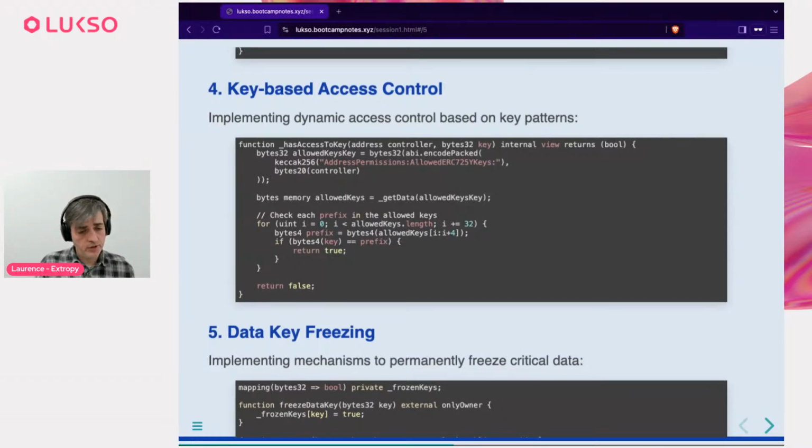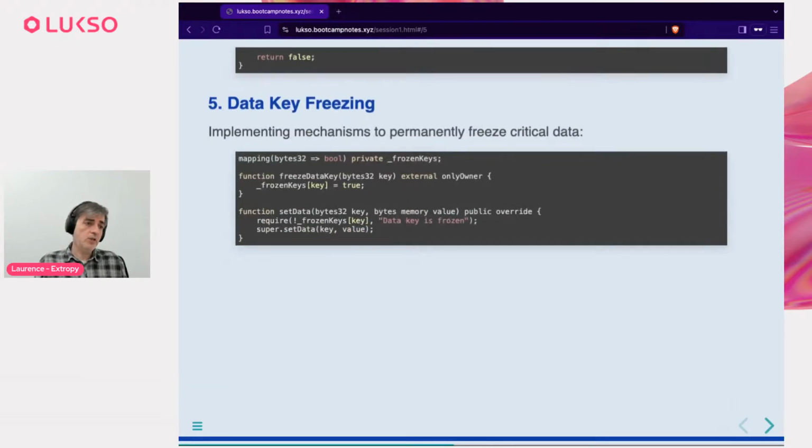As I say, you can have patterns within the keys to make this flexible. But when you're doing this, be very aware of what the possibilities would be with this. So don't make this too open when you're designing this. Try to make it as restricted as you possibly can. And it may be useful to have some mechanisms to freeze critical data as well, if needed. So that's another thing you might want to think about.